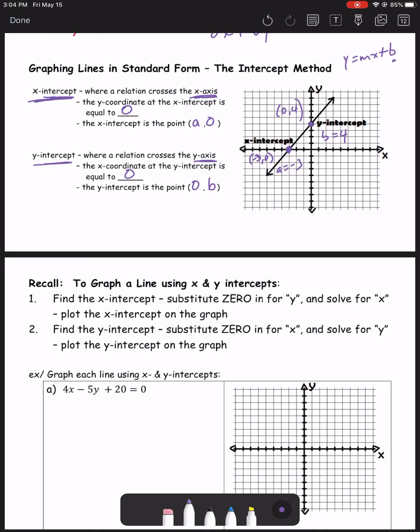Now this is a small case a. That's not the same as the A in standard form, Ax plus By plus C equals 0. I've said lots and lots of times, a small case letter and a capital letter mean different things. They are not interchangeable, okay? We don't say y equals capital M x plus capital B. That's not right.